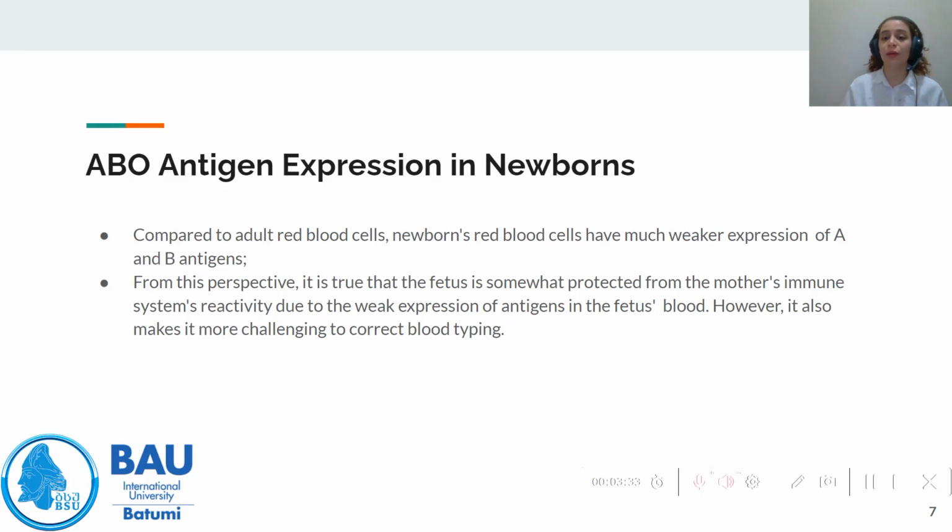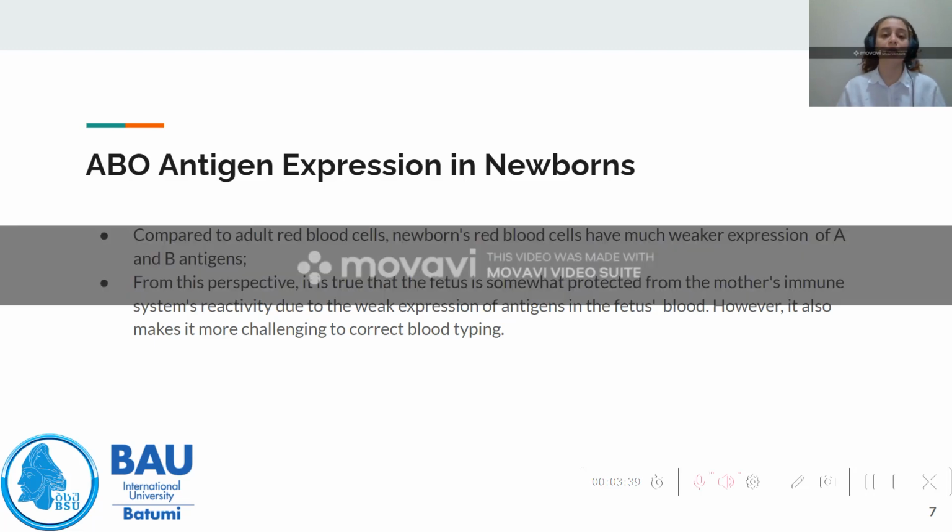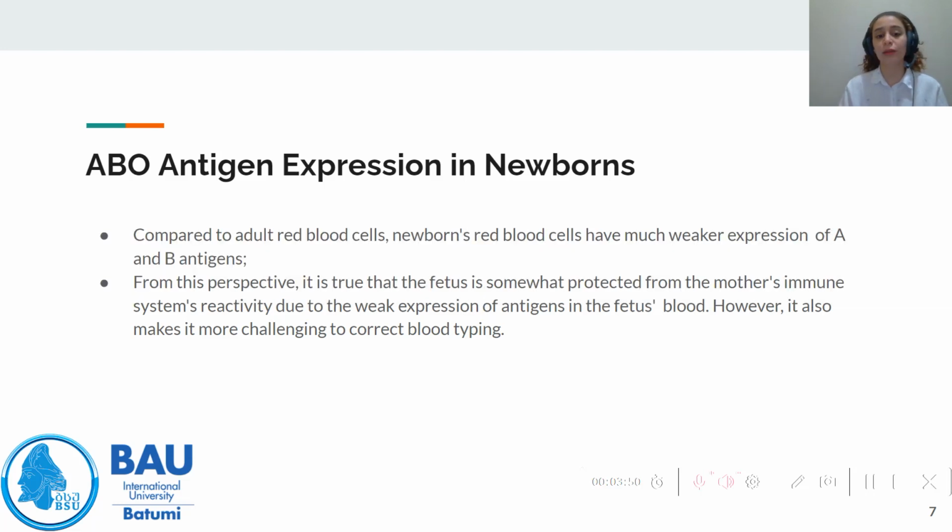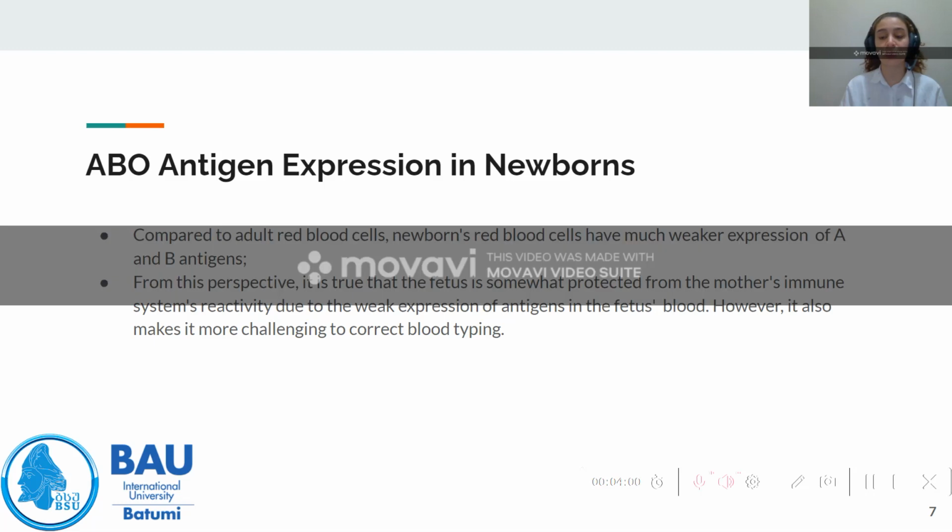And this is why we should be having the decreased expression of the antigen, because as we know we have antibodies that are produced by the maternal circulation, and they can in fact cross the placenta, the barrier between the mother and the fetus, and go to the fetal circulation. And having a much weaker expression of the A and B antigen protects the fetus from the immune system reactivity during fetal life.